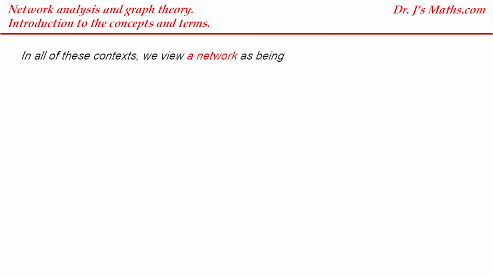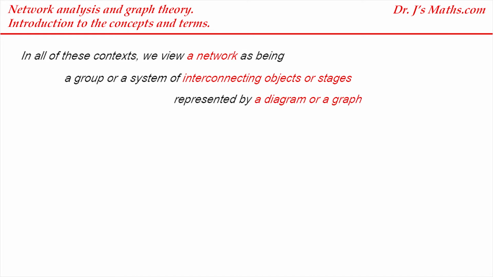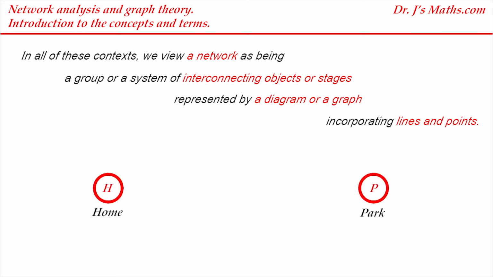In all of these contexts, we view a network as being a group or a system of interconnected objects or stages represented by a diagram or a graph and incorporating lines and points. Let's take an example. I want to go for a walk from my home to a nearby park.